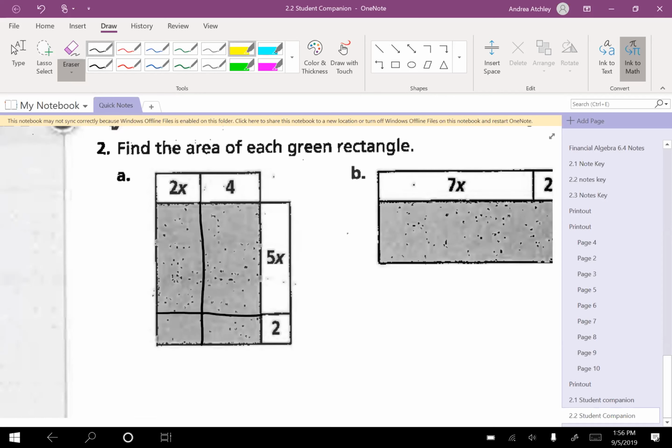So the same idea. We're going to multiply the length, 2x, times this width of 5x here. So 2x times 5x is 10x squared.